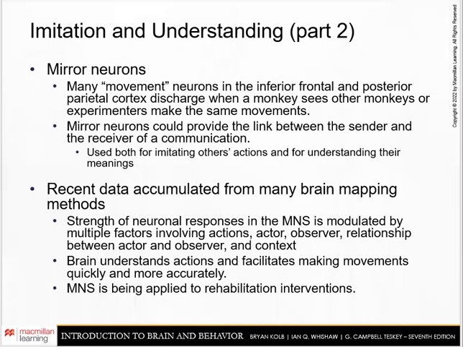Recent data accumulated from these methods show that the strength of neuronal responses in the MNS is modulated by multiple factors involving actions, actor, observer, the relationship between the actor and observer, and the context. The brain understands actions and facilitates making movements quickly and more accurately. And currently, MNS is being applied to rehabilitation interventions.